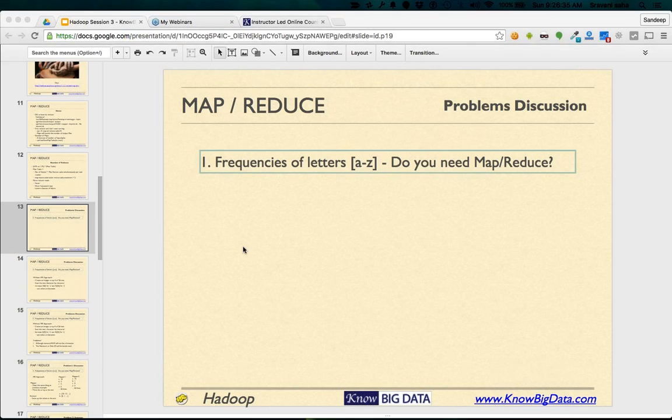All right, good. Now coming back to the frequencies of letters. How much do you think would be the size of the file at which we should move to MapReduce instead of getting it done locally?